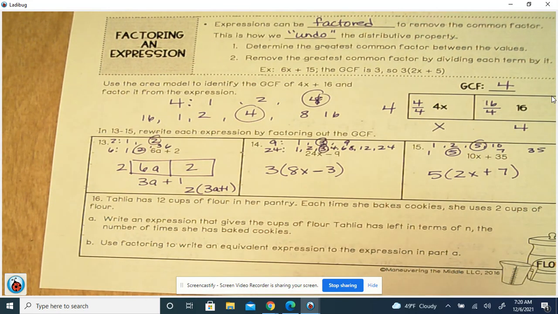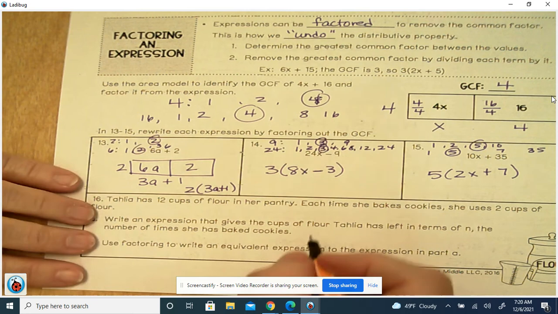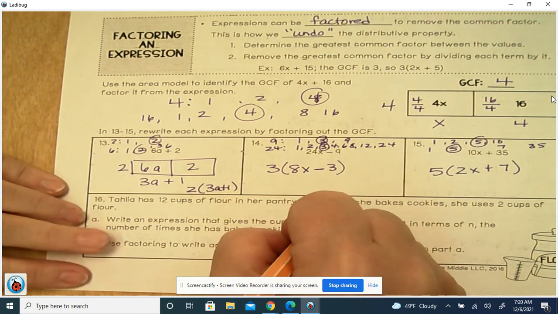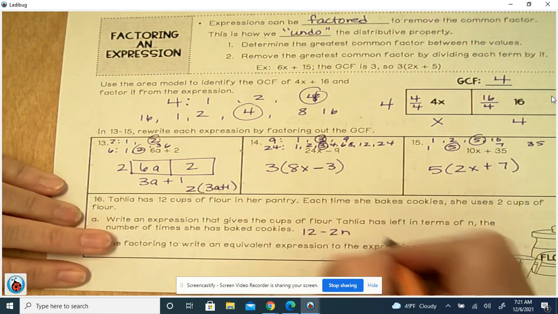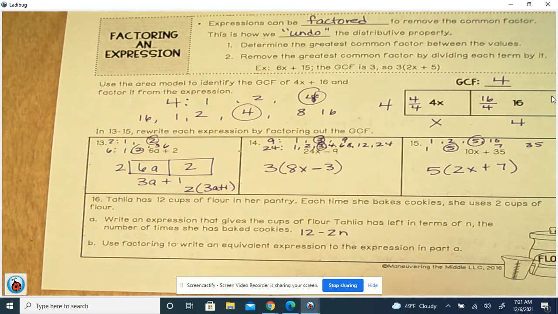And the last one, Tanya has 12 cups of flour in her pantry. Each time she bakes cookies, she uses 2 cups of flour. Write an expression that gives the cups of flour Tanya has left in terms of n, the number of times she has baked cookies. So she's got 12 cups of flour, and she uses 2 cups every time she bakes cookies.